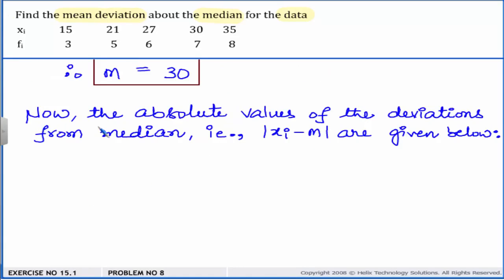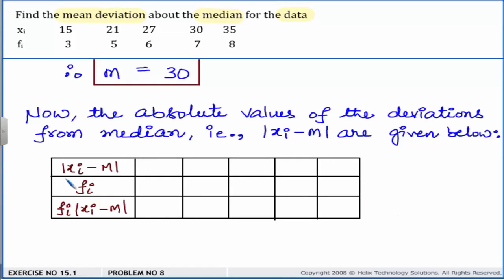Now, the absolute values of the deviations from the median, that is modulus of xi minus M, are given below. Now let us find out the modulus of xi minus M. The first one is 15 minus 30, that is modulus of minus 15, which is equal to 15.